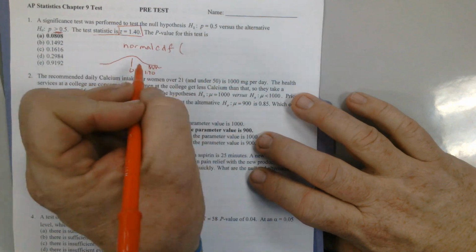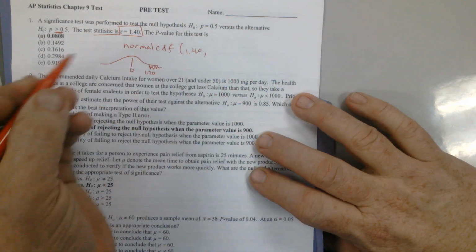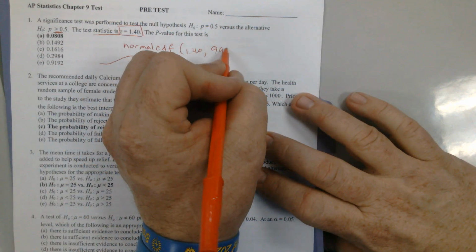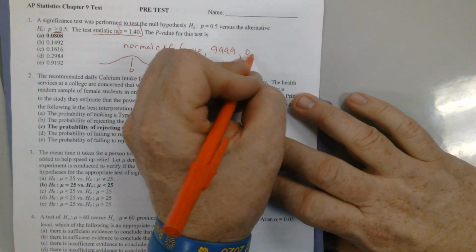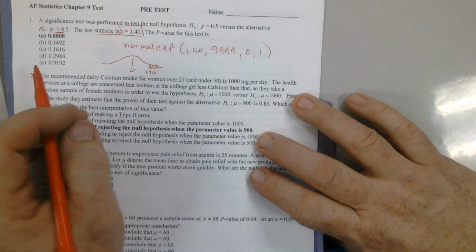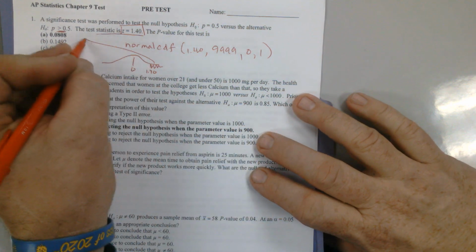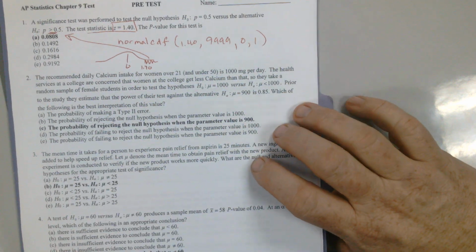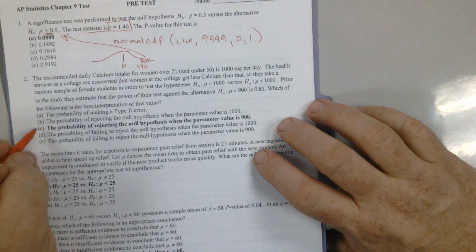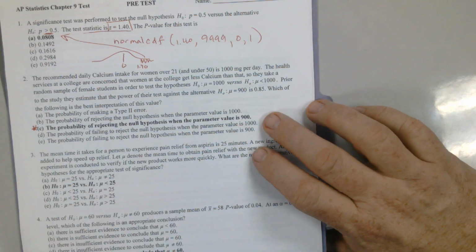So it's normal CDF 1.40, and then 9999, however many nines, and then 0 and 1. And since it's a z-score, I don't need degrees of freedom, and then that'll pop out that answer. So on this next one here, we got an answer of C.